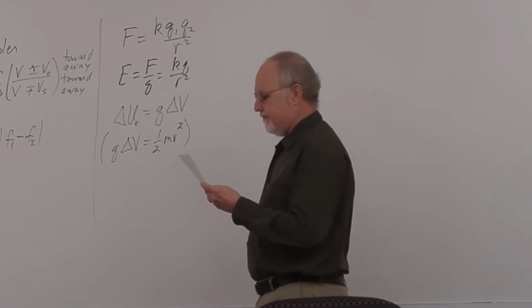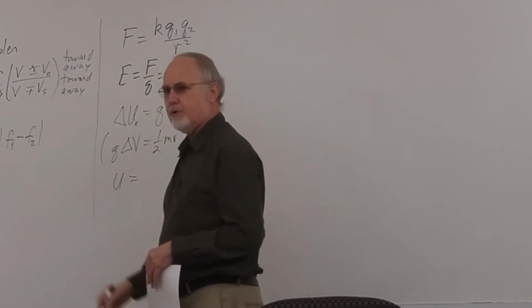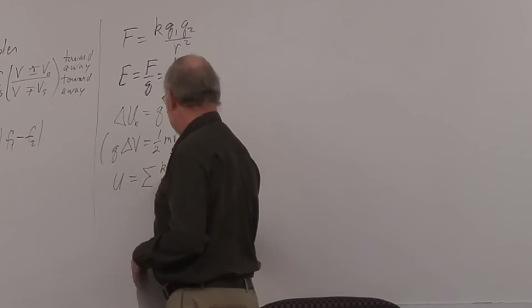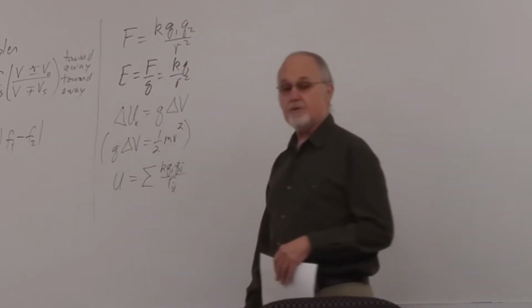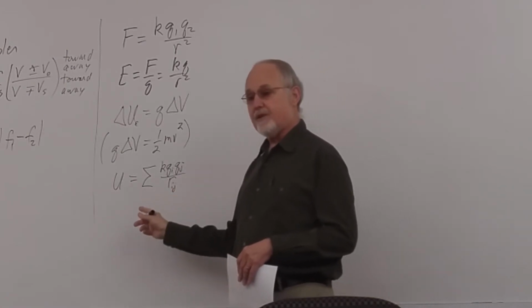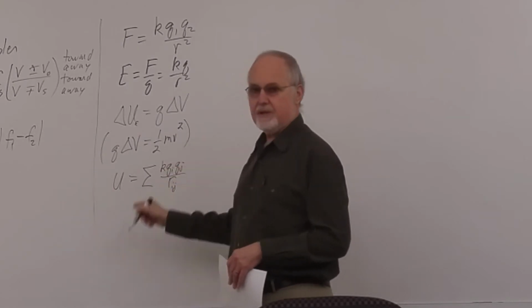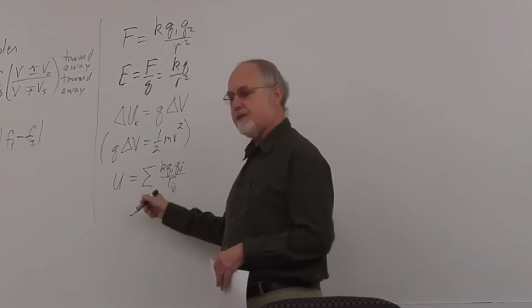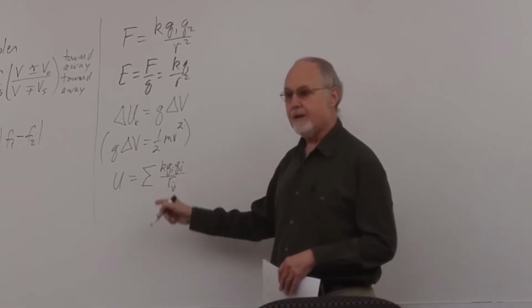So we have that. If it's point charges, the potential energy due to a group of point charges is a summation of K times the product of the two charges divided by the distance between those two charges. Groups of two. This is not a vector, it's a scalar. So if you have negative charges, put them in as negative numbers. You're effectively looking at how many different groups of two charges you have.